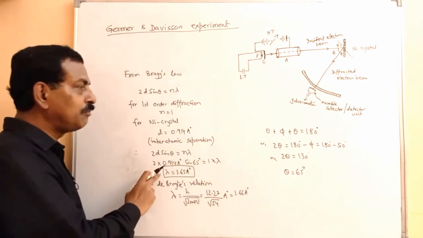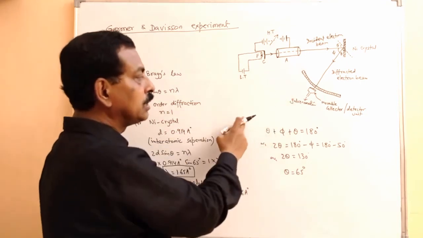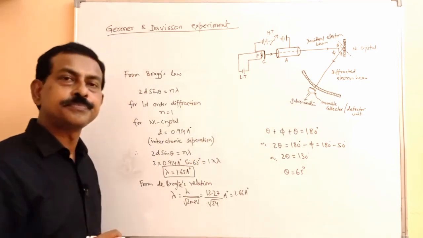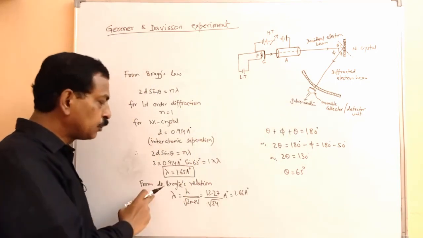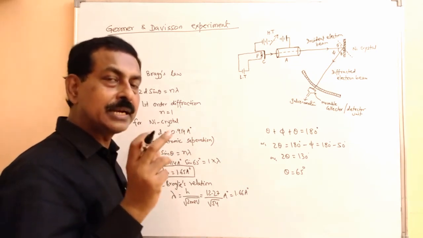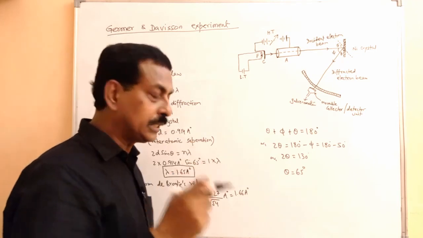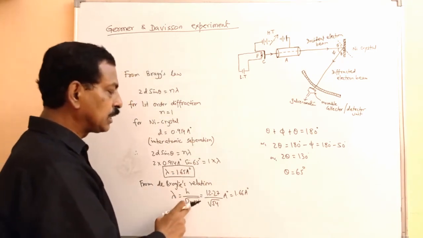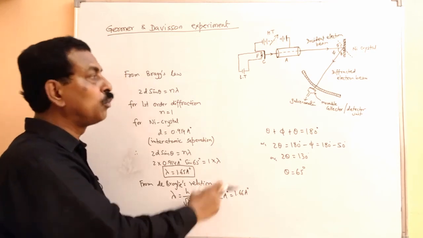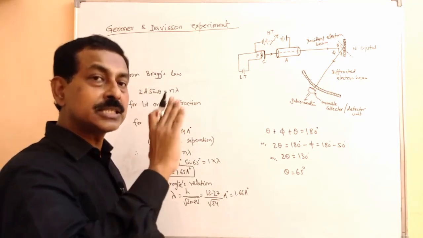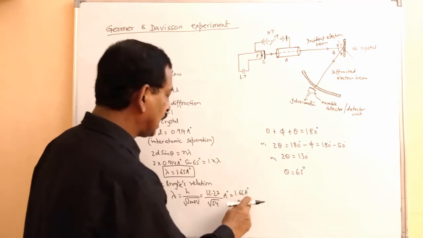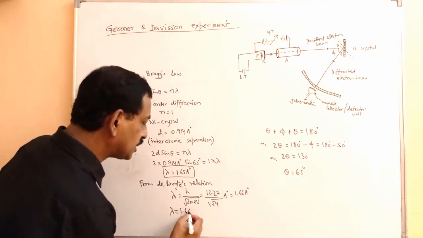This is the wavelength of the wave shown by the electron, and it is measured experimentally. Now, if you consider the de Broglie relation for the electron, which is accelerated under a potential difference V, the formula is lambda equals h by root over 2meV, or 12.27 by root over 54 volt, because at 54 volt we are getting this sharp peak. If you substitute, it will give you 1.66 angstrom.